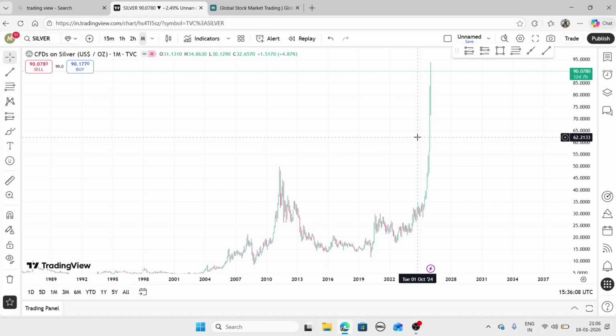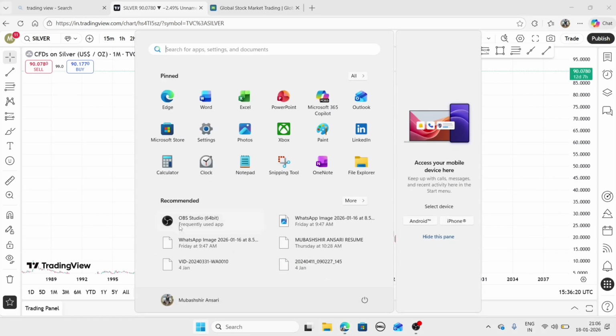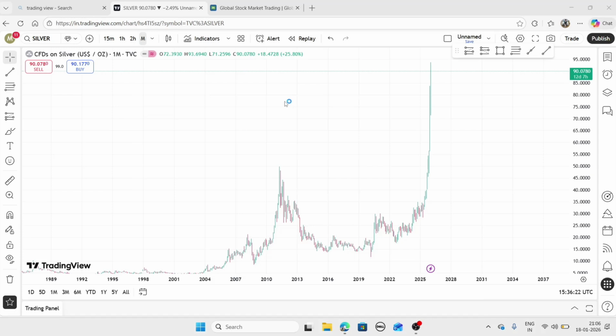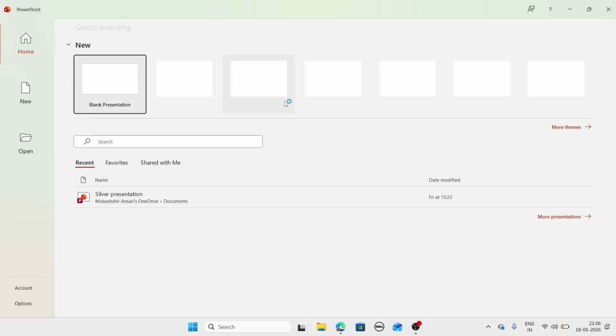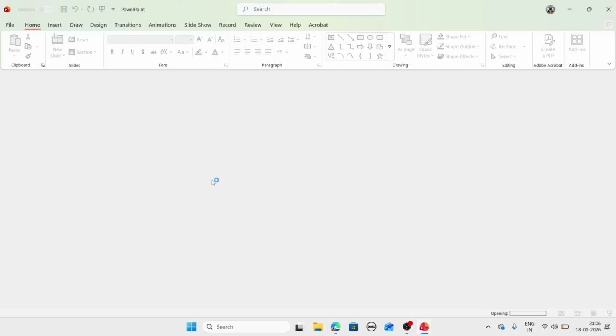If I talk about industrial demand, especially for solar panels and electronics, it has increased hugely. I have also prepared a slide for that. Let me show you. Nowadays solar panels have a very huge demand, and in that there is a huge requirement of silver too.